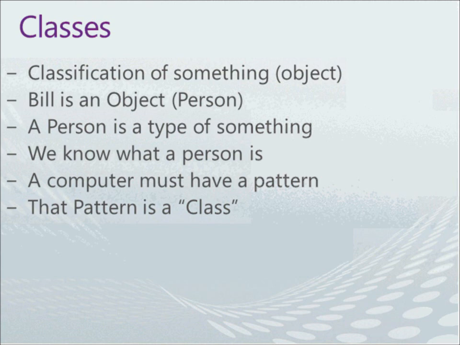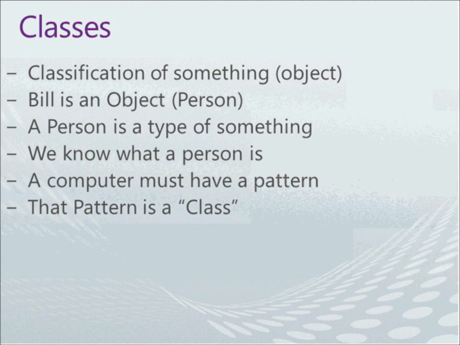So when we have that, we know in our minds, we just automatically get this, that Bill is a person, but a computer really doesn't have that mechanism. It has to have some kind of an understanding of what a person is. It has to be told all the details of what that person is. And that pattern that we use to describe that person is what we call the class.